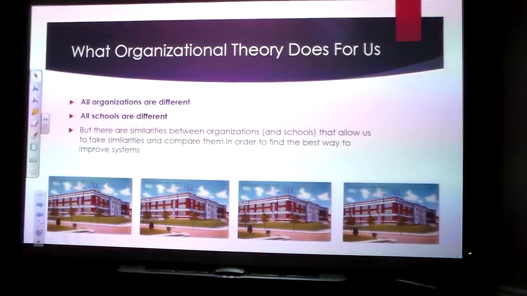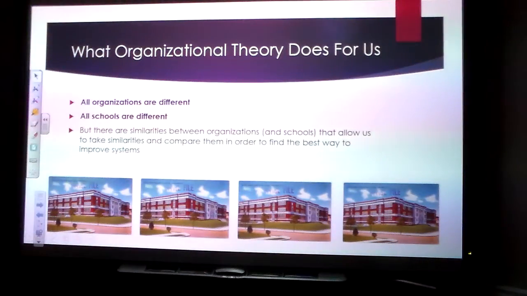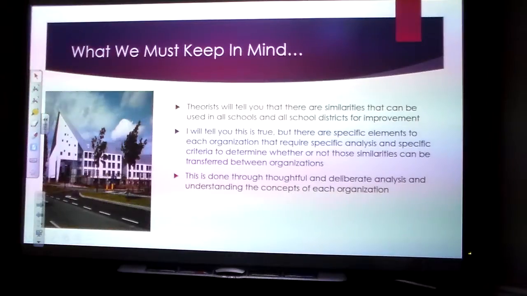So key ideas and key things that I need you to hear. All organizations are different. All schools are different. But there are similarities between what one district looks like, what one school looks like, that will help you find the best way to improve them and improve their systems.